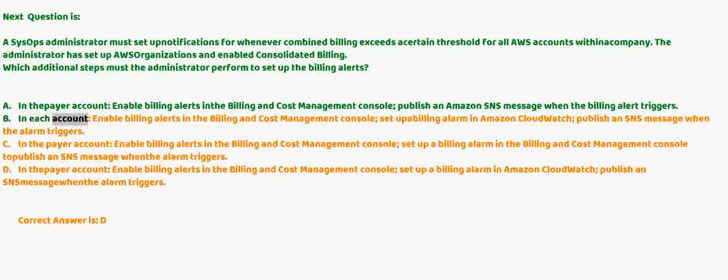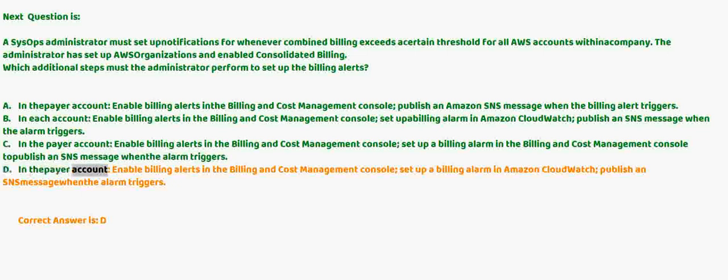B. In each account, enable billing alerts in the Billing and Cost Management console. Set up a billing alarm in Amazon CloudWatch. Publish an SNS message when the alarm triggers. C. In the payer account, enable billing alerts in the Billing and Cost Management console. Set up a billing alarm in the Billing and Cost Management console to publish an SNS message when the alarm triggers.